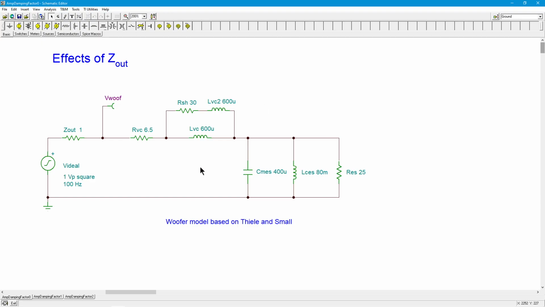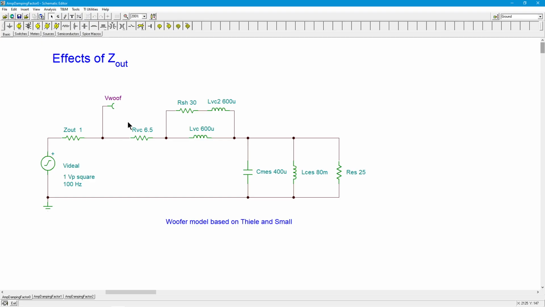When we talk about damping factor, the way it's calculated is just nominal Z over the Z out. We're looking more at a rule of thumb than a hard and fast, super accurate value. So we just want to look at this in qualitative terms rather than hard quantitative terms. But that's okay. That gives us some insight.